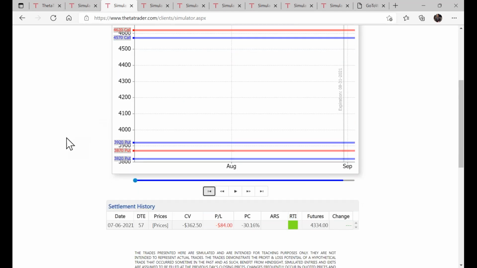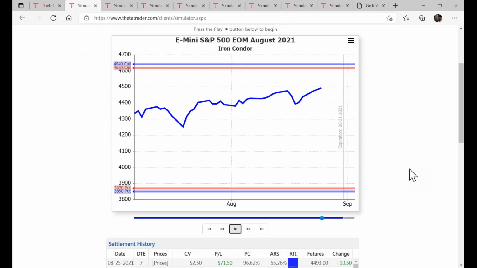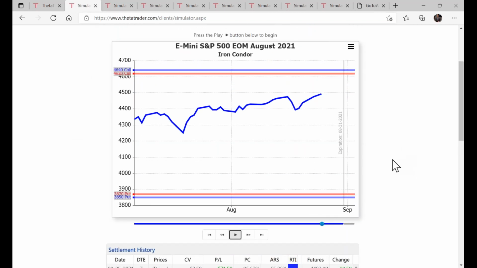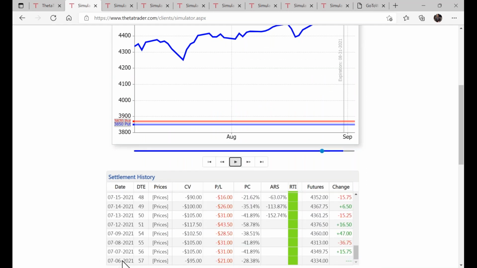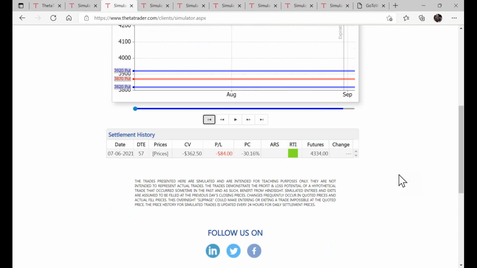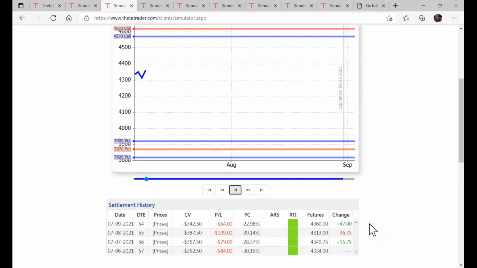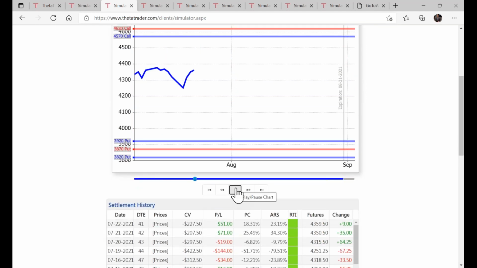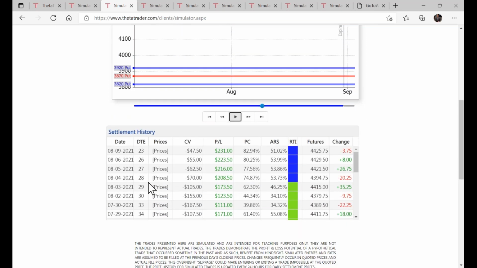Now here is a Dragonfly. So I want to show you here, this is the end of month August Condor, and that was placed on July 6th. You can see there, July 6th. So on July 6th, instead of a Condor, what if you placed a Dragonfly? Let's run that through. Look at that. It turned profitable on August 4 with 28 days till expiration.